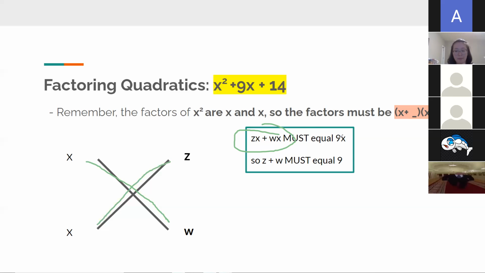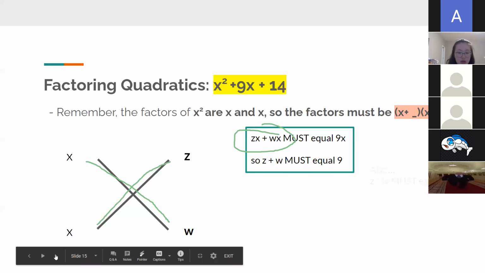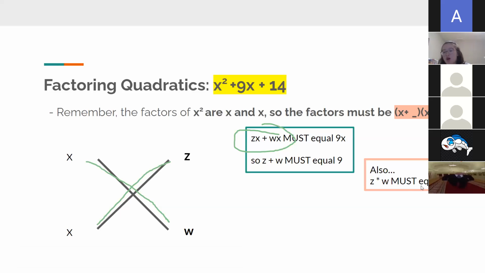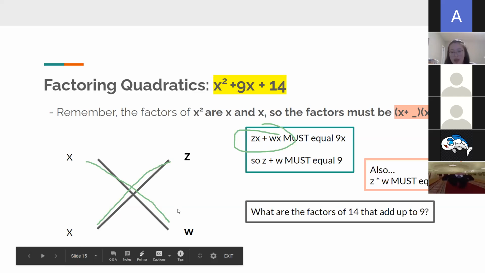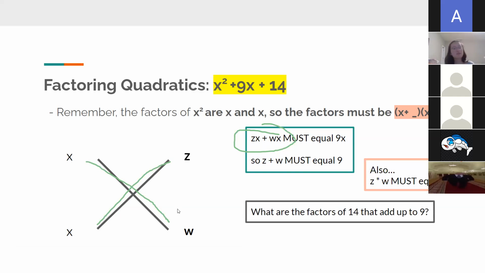Okay, good. Knowing that, z times w must also equal 14. 14 is where we got the c term of x squared plus 9x plus 14. So basically, the big question we have to answer is, what are the factors of 14 that add up to 9?